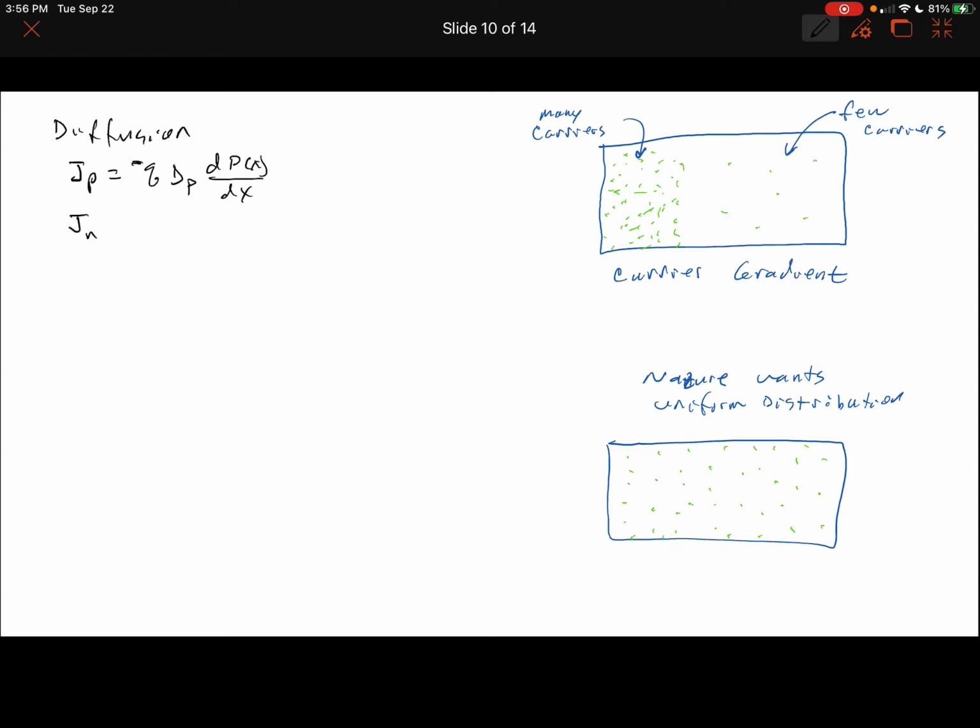It just depends on how you get the diffusion in the x coordinate system. Electron current due to diffusion would be q times D sub n, the diffusion constant for electrons in this material, times dn, the concentration of electrons as a function of distance.